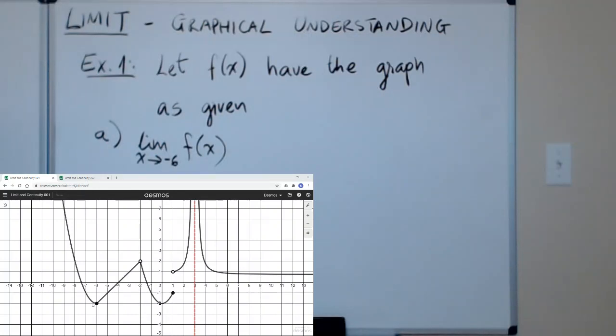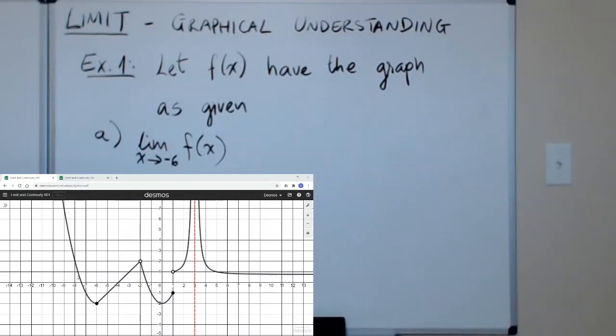Now I'm going to use my mouse cursor right here to trace along the graph. As I'm coming closer to -6 on the x-axis, the graph drops down to, it looks like, well, estimating through graphs, the best thing we can do is just to rely on our own eye judgment.